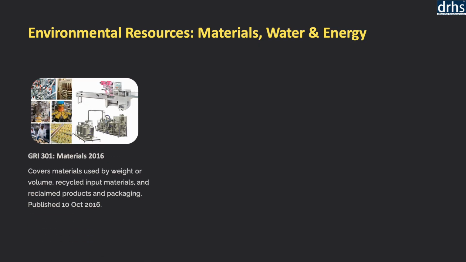GRI 301, Materials, 2016, emphasizes the responsible sourcing and utilization of raw inputs, including recycled and reclaimed materials. It encourages organizations to transition toward circular economy principles by optimizing material efficiency, reducing waste, and minimizing reliance on virgin resources.